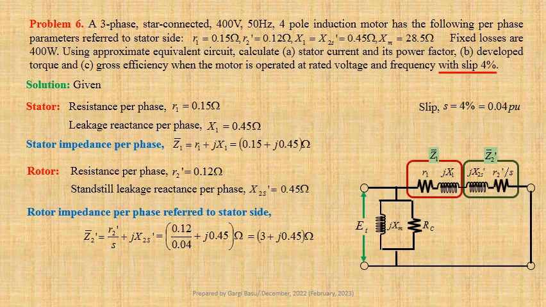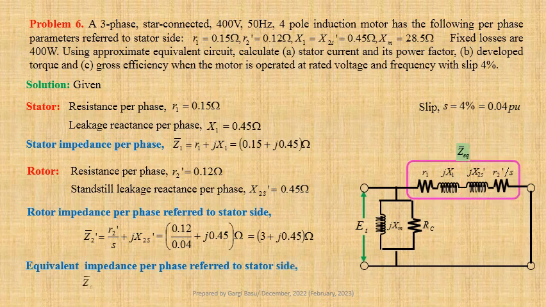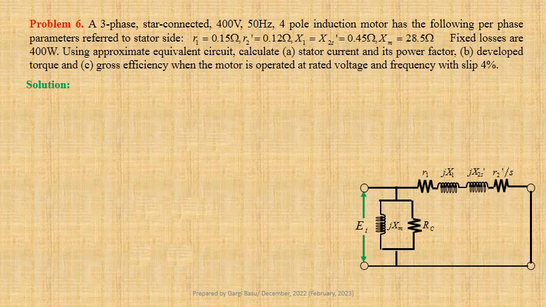Let us now determine equivalent impedance per phase referred to stator side. Z_EQ equals Z1 plus Z2 dash. Using values we get 3.15 plus j times 0.9 ohm. This may be written in polar form as 3.276 ohm at an angle 15.9454 degree.